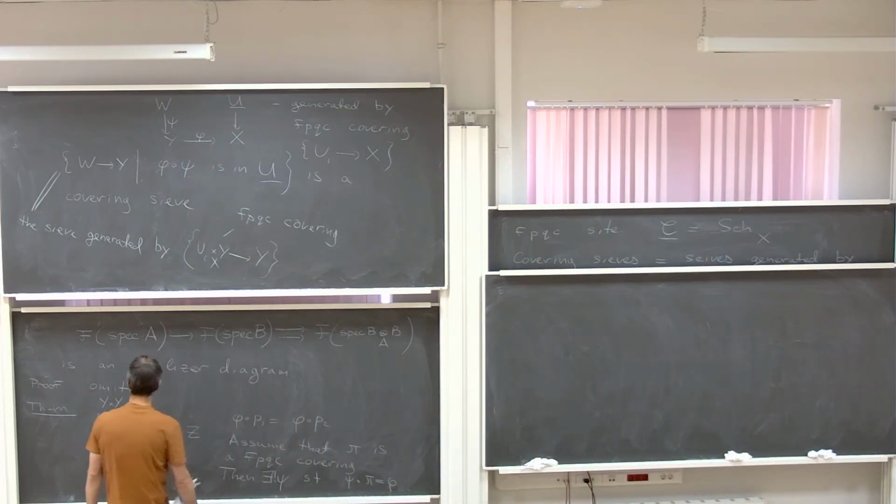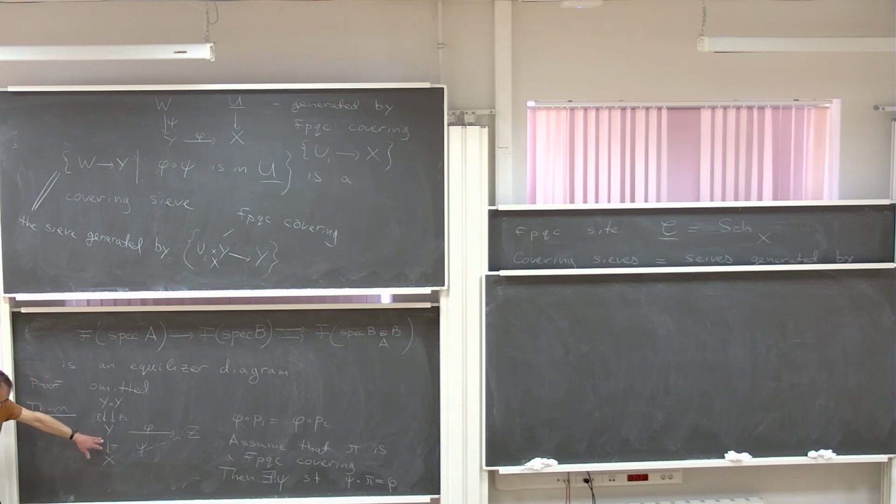So informally, I will formulate it in more general setting. We are going to have a quasi-coherent sheaf on y, and we want to descend it to x, meaning that we want to produce a sheaf on x whose pullback to y is our original sheaf. So, for this to be possible, this sheaf on y must be constant on fibers.